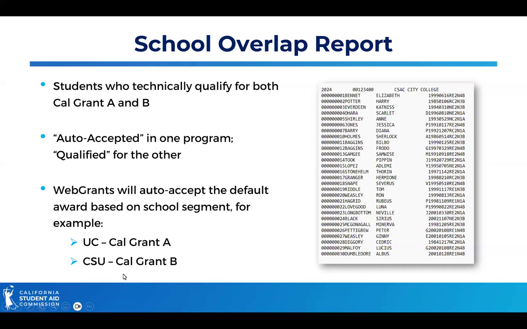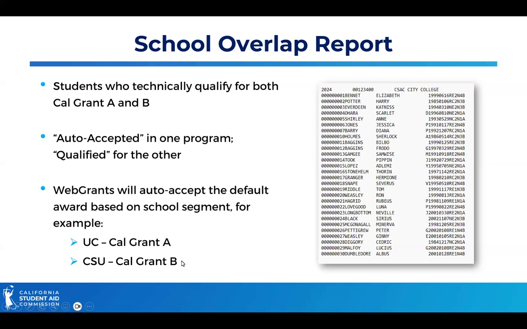And I mentioned this earlier, CSUs have selected for that award to default to the Cal Grant B because it's most financially beneficial to the student. Whereas at the UCs, the Cal Grant A is going to be most beneficial. And the reason is because Cal Grant A pays the tuition and fees portion of that award, which is the bulk of that award in year one, whereas with a Cal Grant B, it works a little bit differently.